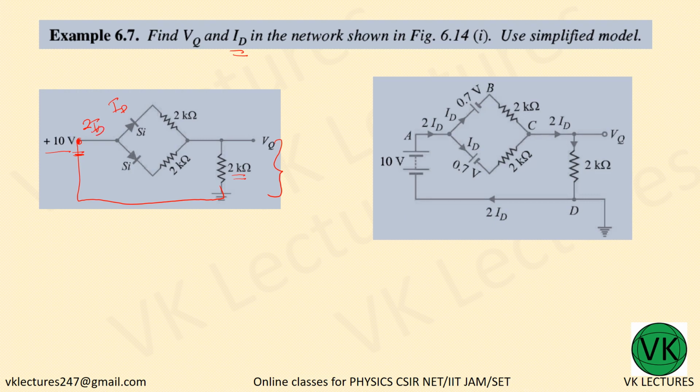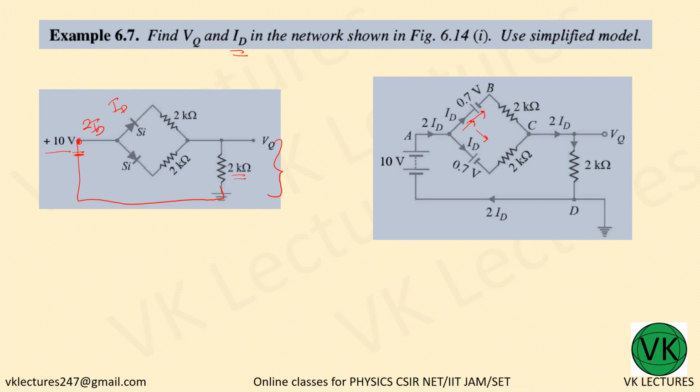It's just a notation to understand that each branch is taking away ID current, ID in both the branches, such that it is divided equally among both the branches, because you have an equal diode and an equal resistance in both the cases.